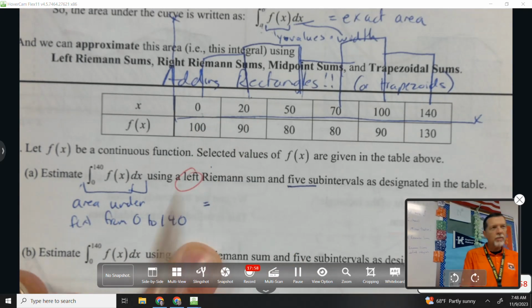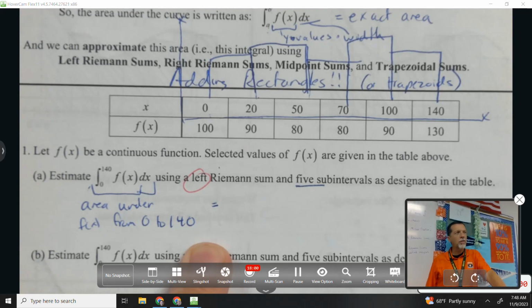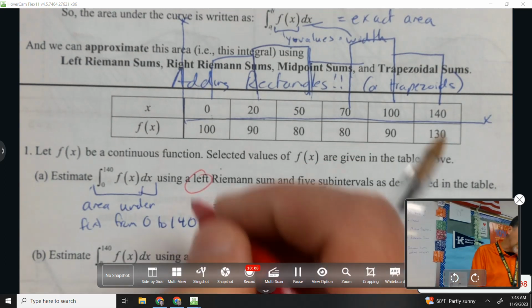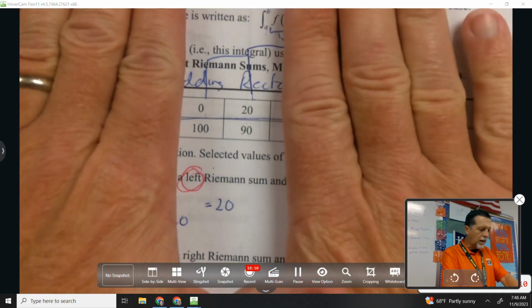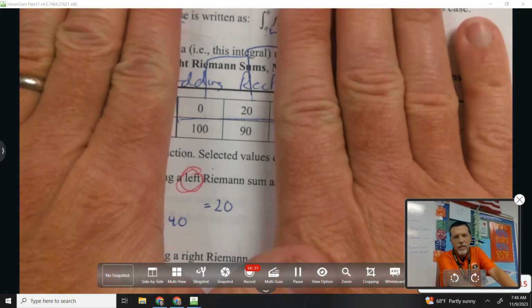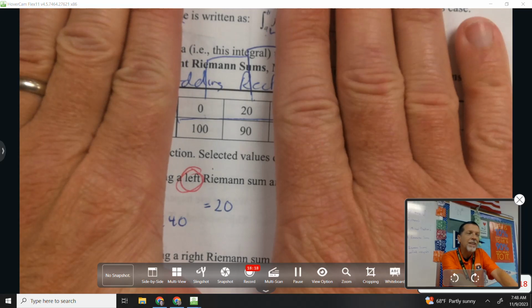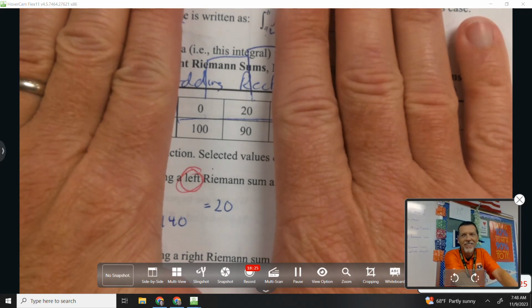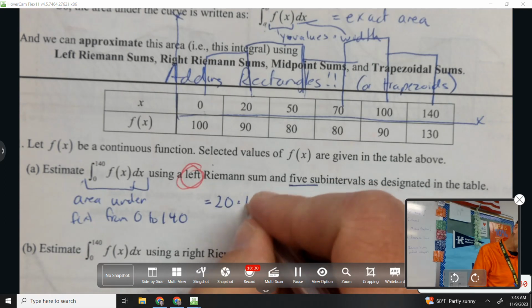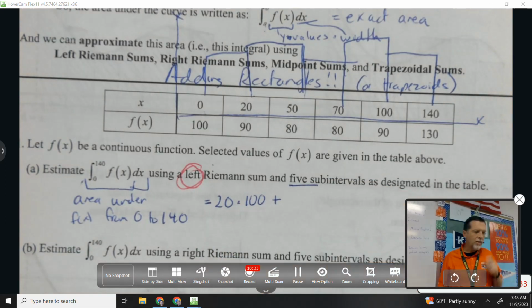How wide is the rectangle? 20. For the left sum, the height at 0 is 100, the height at 20 is 90, but which height should I use? The 100. Why? It's the one on the left. So 20 times 100. That's my first rectangle.